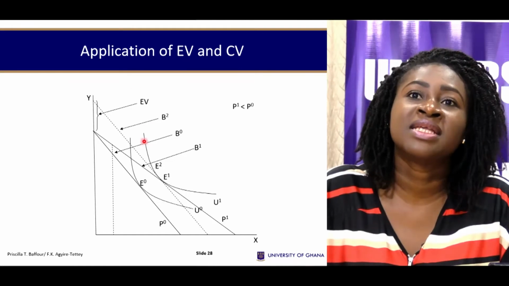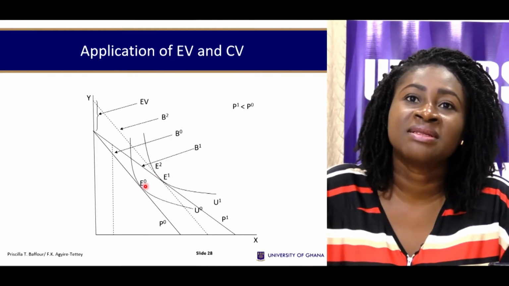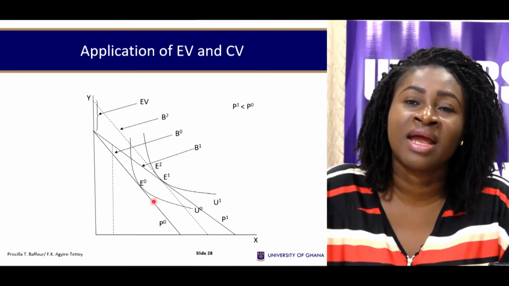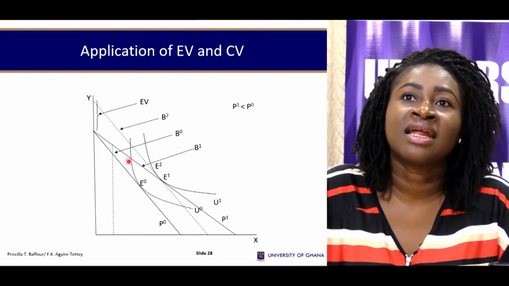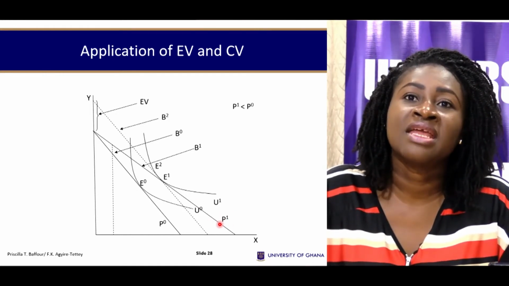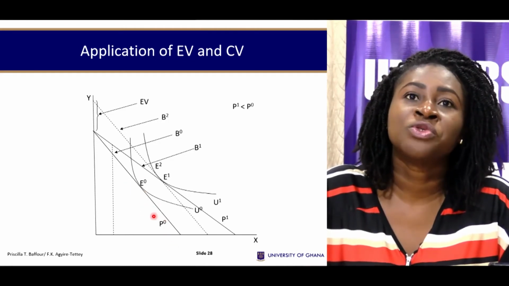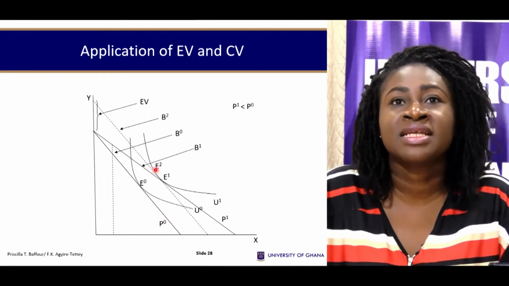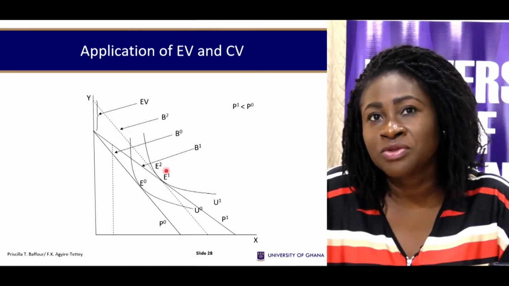So for compensating variation, we see that with the increase in price of inputs, we are looking at a situation where P1 is less than P0. So here we see that there is what? An increase in the price of inputs, and the consumer is worse off.